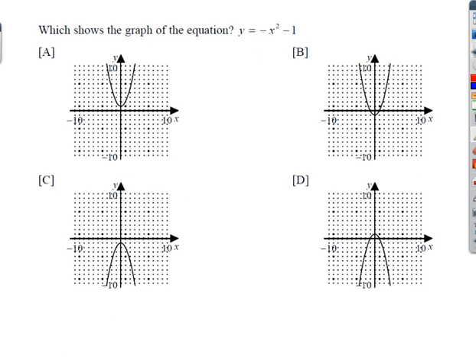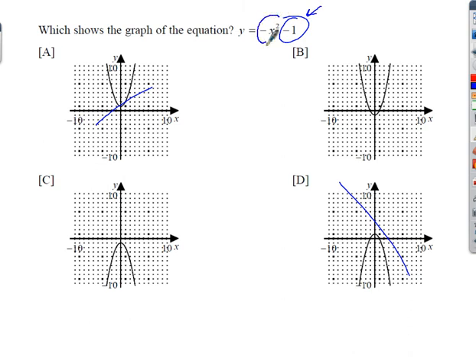Last example, let's look at this. Minus 1, it's got to cross at negative 1. That cancels out this and this. So these are pretty easy. Just get used to which one represents the y-intercept, or the shift up or down, and that's the value out here on the edge.